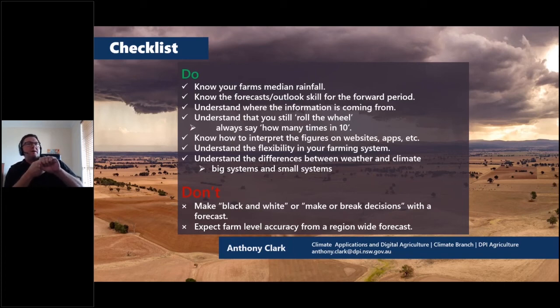It's an important piece of information to help you bring the outlook back down to the ground for your farm. Know what skill means, know about accuracy, and have a look at what its skill is in the forecast period going forward. It's all there on that website if you want to tap into it.